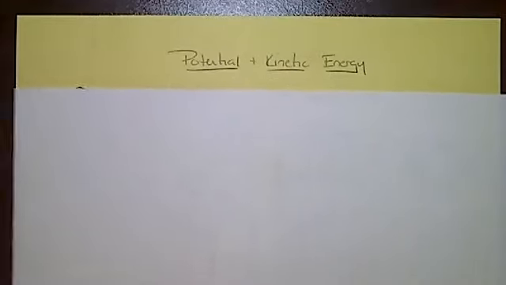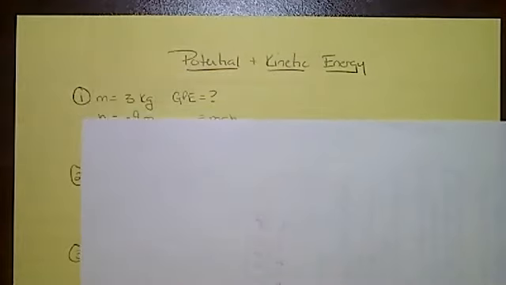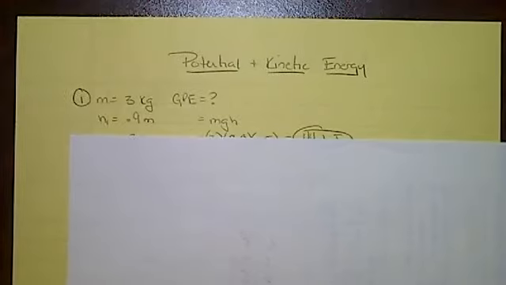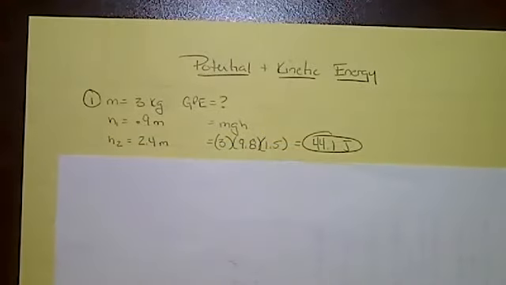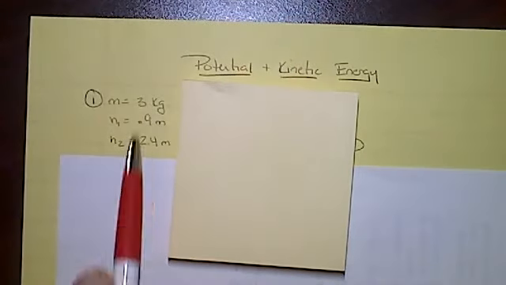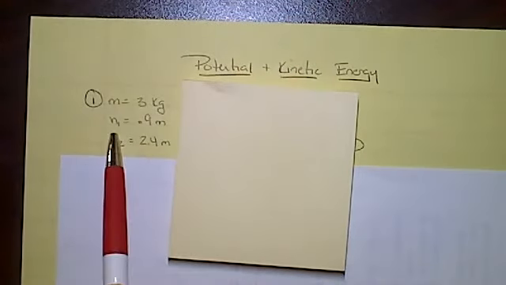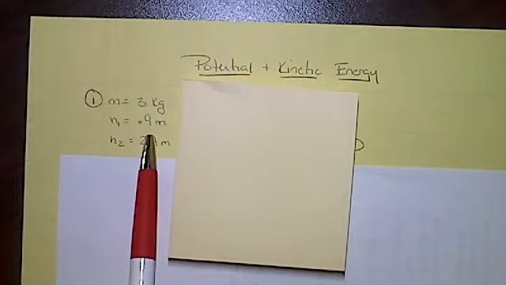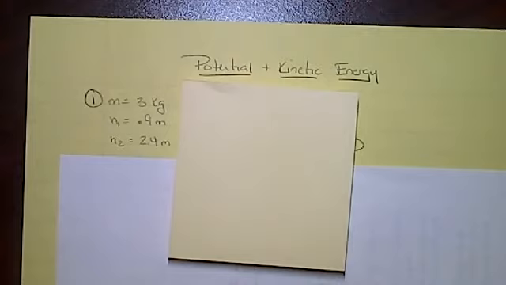Looking at this, the information given to us is that the mass is 3 kilograms, the initial height is 0.9 meters, and the second height is 2.4 meters. So they actually raised it from 0.9 meters to 2.4 meters.